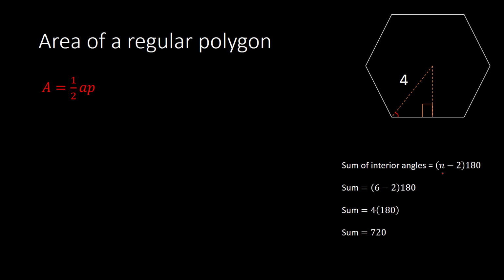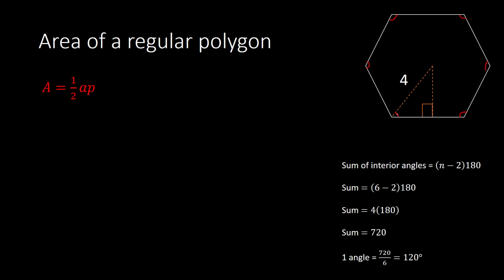So when you do that, you're going to get 720 as the sum of all of the interior angle measures. But there are 6 angles, so to find one angle, we divide that by 6, which gives me 120 degrees for the big angles. So right here is 120, 120, 120, and then all of these would be 120.